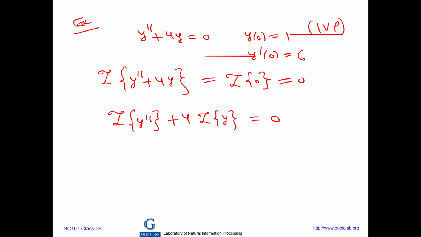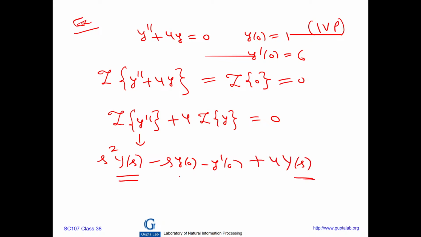Now by the formula this is s square Y of s minus s times y of 0 minus y dash of 0 plus 4 times Y of s. So this capital Y of s, remember this is small y, is equal to 0. Now we know the initial conditions y of 0 and y dash of 0, so I can substitute here.